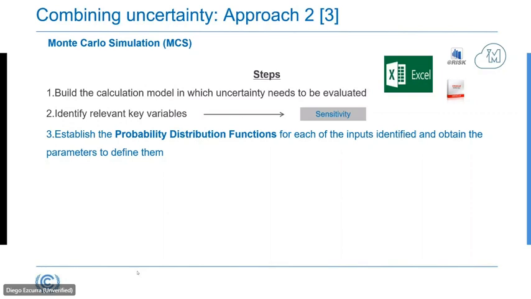There are other functions that require, like a triangular distribution requires the interval and the most likely value. So depending on the information you have and depending on your knowledge of the variable, you will assign the probability density function and you will determine the parameters that define it.